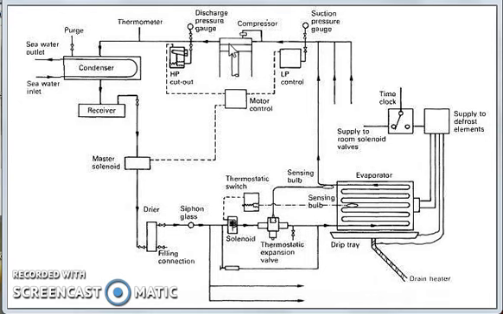So first, the compressor compresses the refrigerant gas and increases the temperature and pressure. From here the refrigerant goes to an oil separator unit, which separates the oil that gets carried along with the refrigerant.